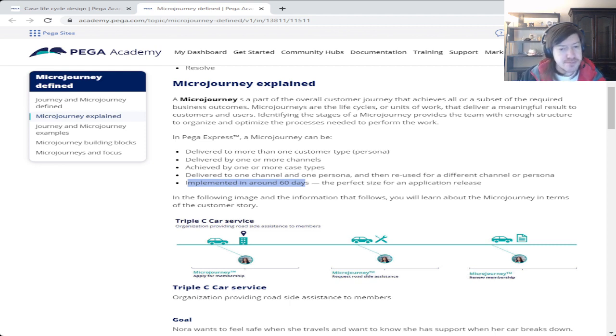They say that's the perfect size, but that depends on the application type, I would imagine.